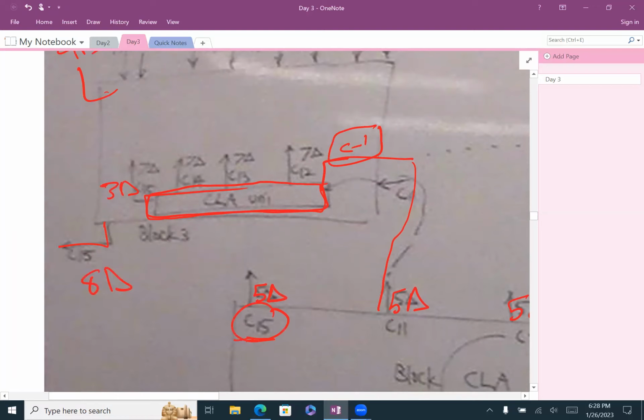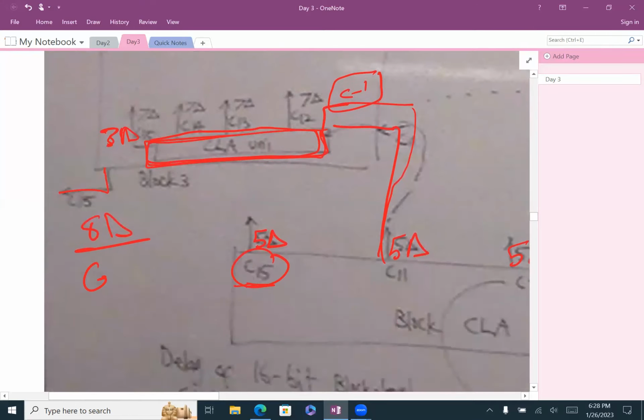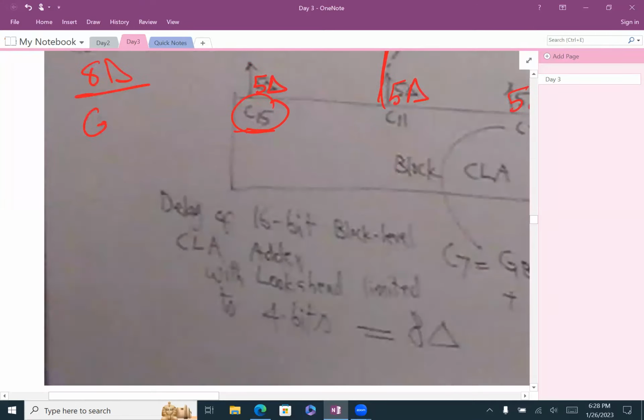And this one is coming from where? The block before. So that's why you have to connect it here to be able to do this one. And that's why you will have another 3 delta. Then you will have 8 delta to have the carry. But then you will add another one for the sum. Clear?